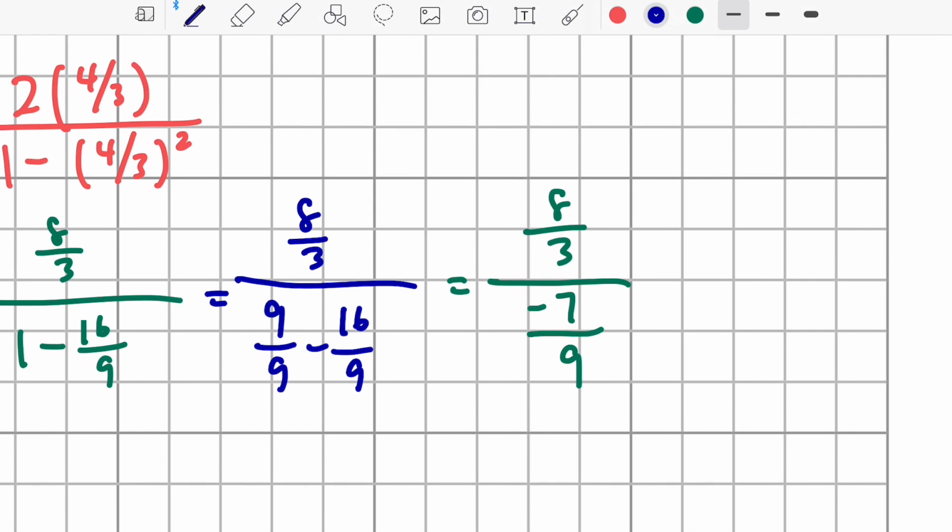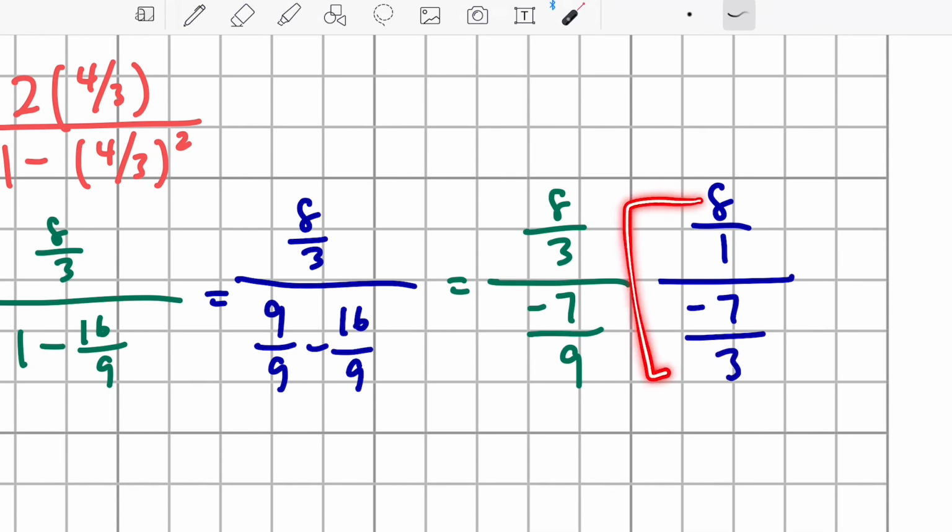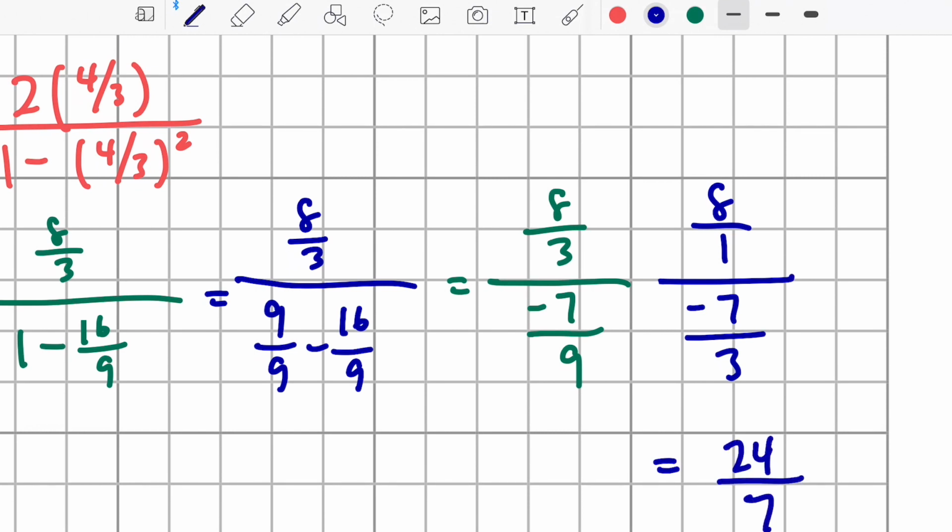So it'll be 8 over 1 divided by negative 7 over 3. Now I can do this little trick where we multiply. So that'll be 8 times 3 is 24 over 7. And since there's a negative involved, I'm just going to put the negative in front: negative 24 over 7. And that is your tangent of 2 theta.